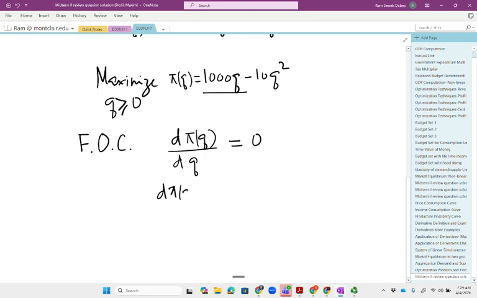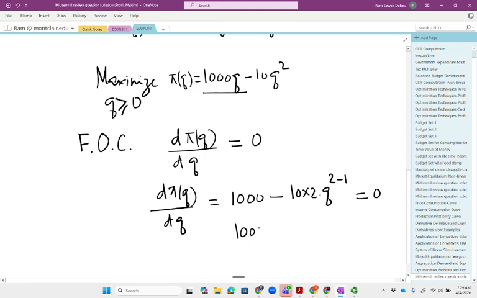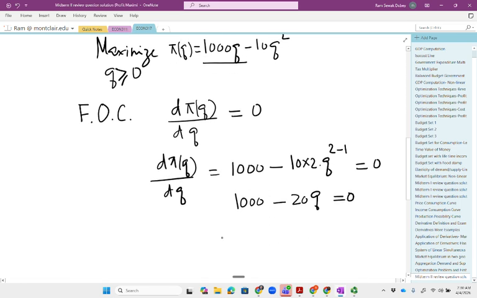The first term gives us 1000, minus the second term becomes 10 times 2 times Q to the power 2 minus 1, and that must be equal to 0. So I can simplify. I have 1000 minus 10 times 2 is 20. Q to the power 2 minus 1 is Q to the power 1, and we don't write power 1. So the term simplifies this way.